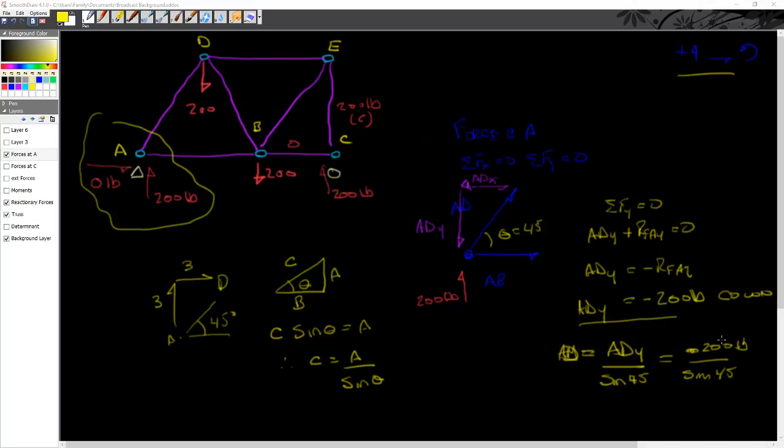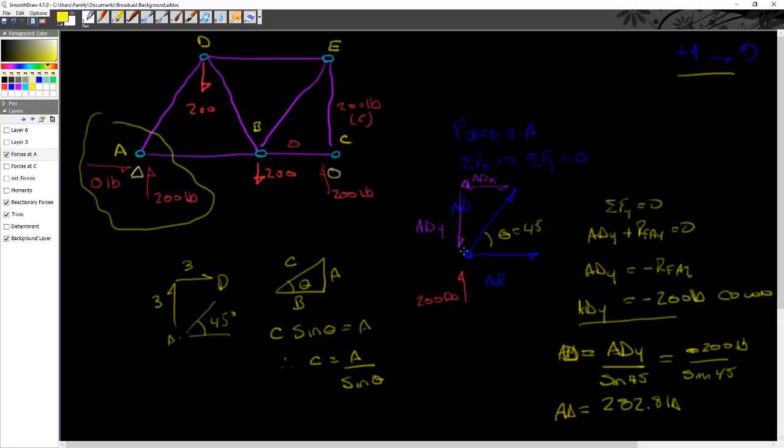So we got 200 divided by the sine of 45, and that means AD equals 282.8 pounds.